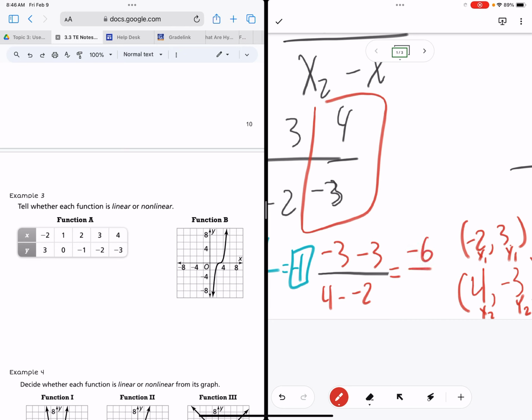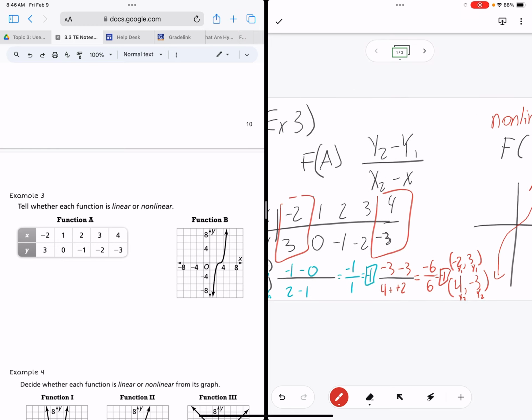Negative 6 over, when you have a double negative, it turns into a positive. So this actually ends up being plus 2. 6, and then negative 6 over 6 reduces down to. Well, what's 6 divided by 6? And then make it negative. Negative 1.